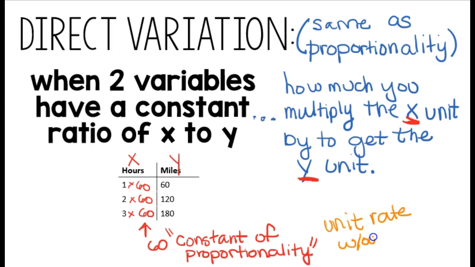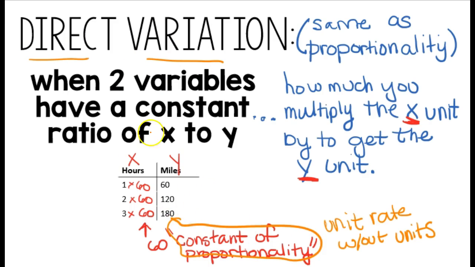This is my shorthand for without the units. So like I said, I'm throwing some new terms at you. We have direct variation and constant of proportionality. But in reality, the concepts themselves, proportionality and the unit rate between them, are stuff that we've already seen.